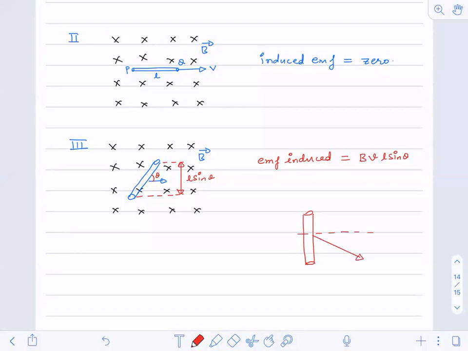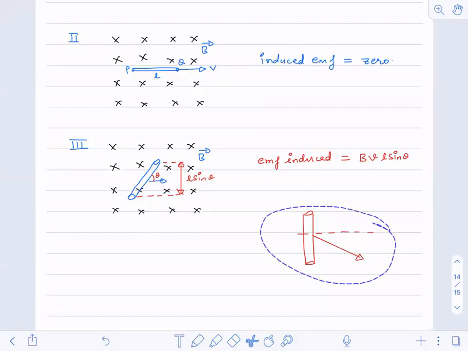So here also you have to assume theta. When the velocity of the rod is at an angle theta with the length of the rod, in that case you will take that.